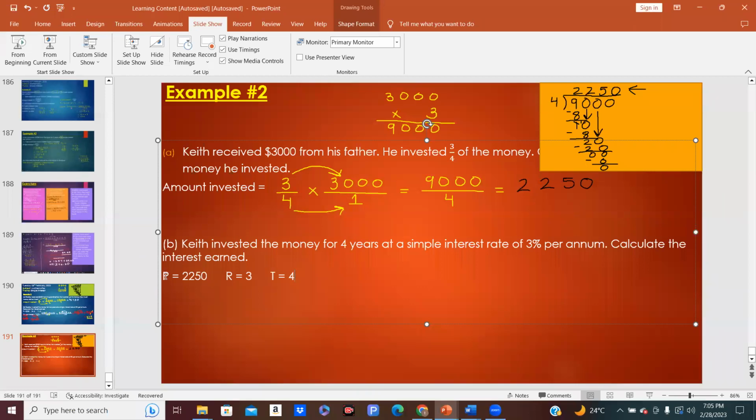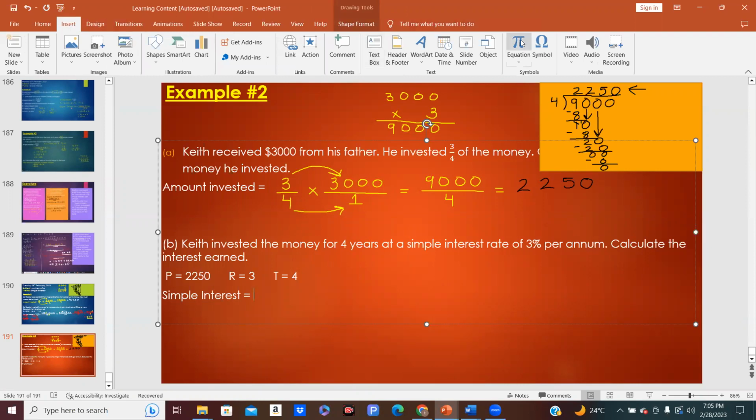So simple interest. You have to remember the formula. In the exam, they're not going to give you the formula, so you have to memorize it. Simple interest is going to be equal to P times R times T, all over 100.